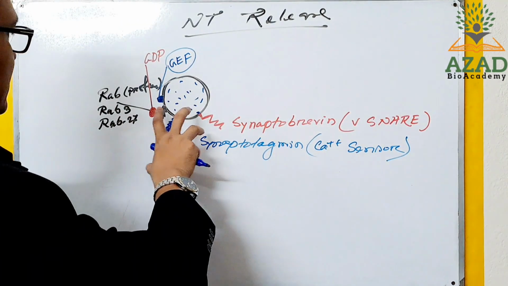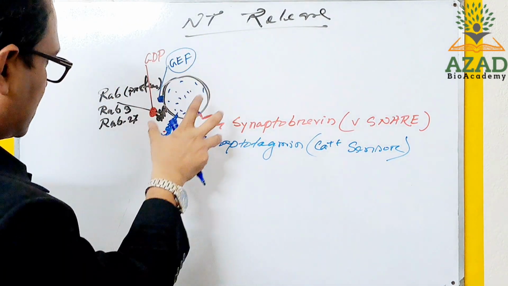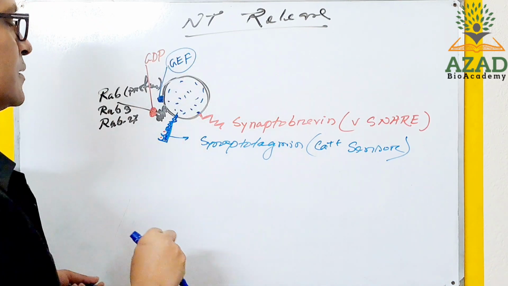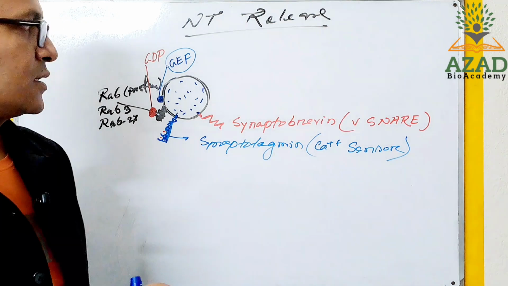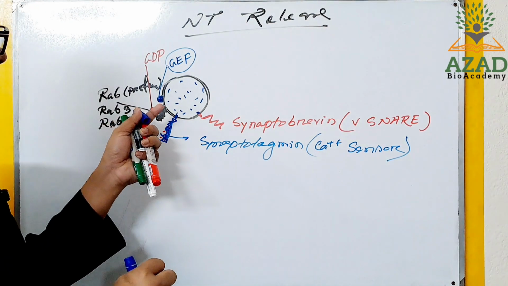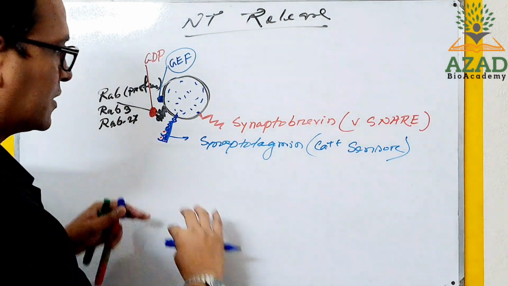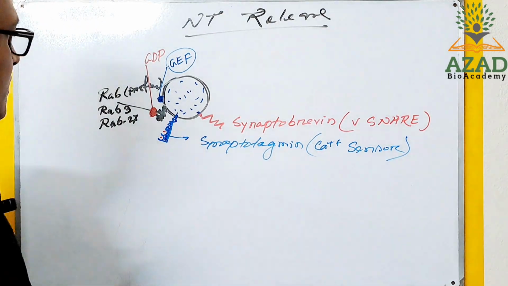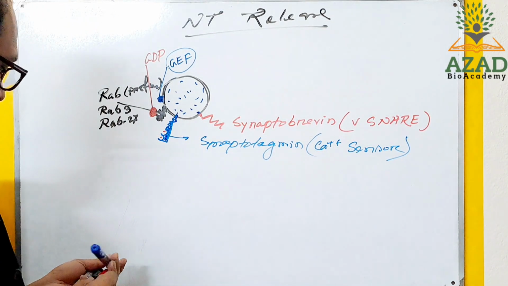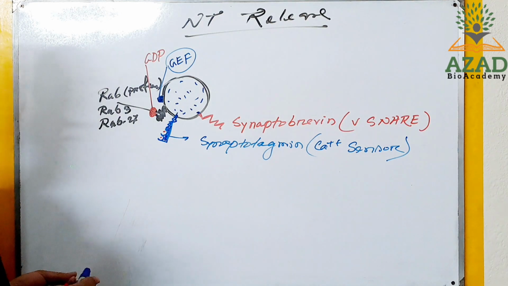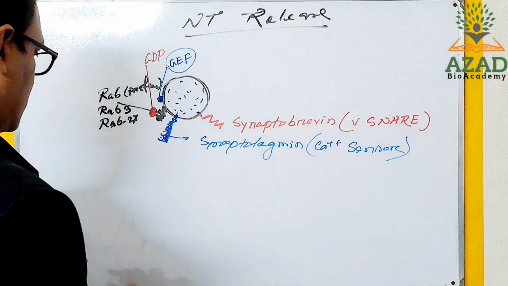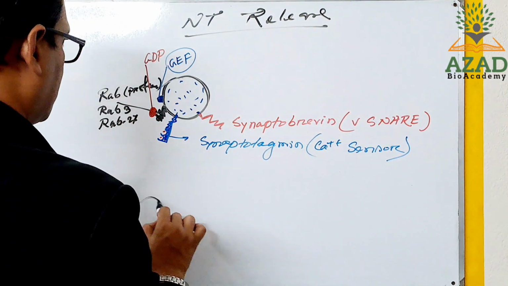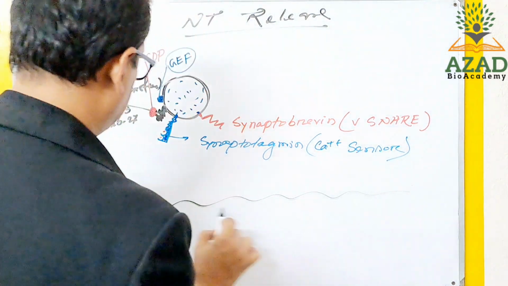So initially, these are very important molecules attached with the synaptic vesicle, which are directly connected with tethering, docking, priming, and fusion. Okay, and for your easy understanding, now I will draw the membrane, that is the plasma membrane.